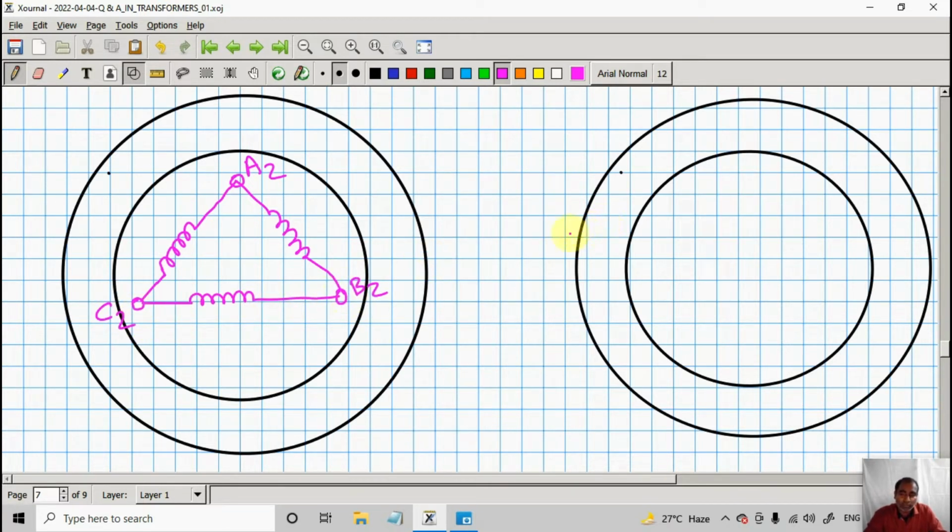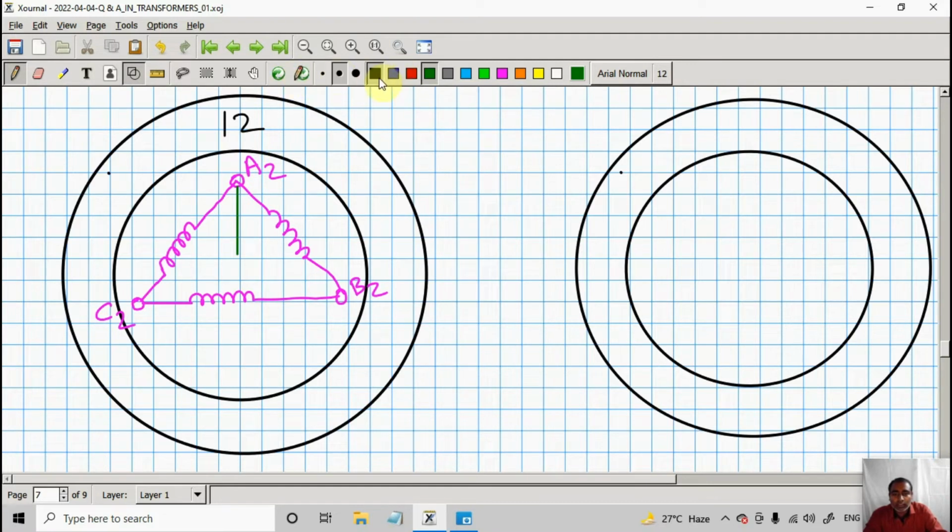The reason being that the other terminal markings of the HV side like A1, B1, C1 will be completed after we have drawn the windings on the LV side, that means low voltage side. Now you can see that the high voltage side is pointing towards 12 o'clock position.